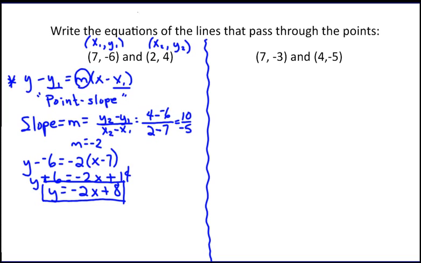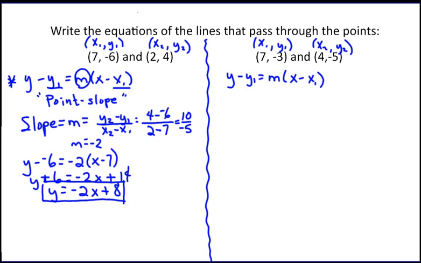Let's use that same method over here. We'll have y minus y1 equals m times x minus x1. Once again, I'm going to label them just so that we can refer to the labels as we need to.